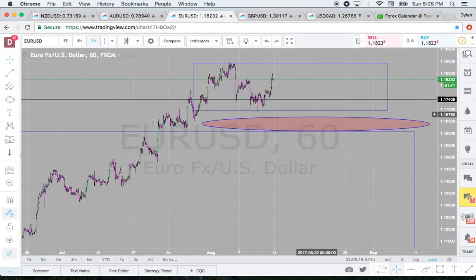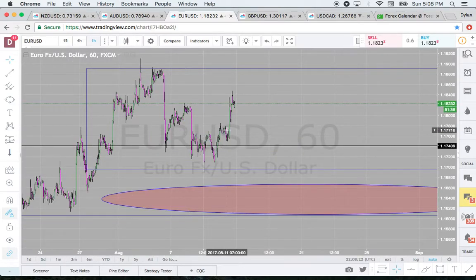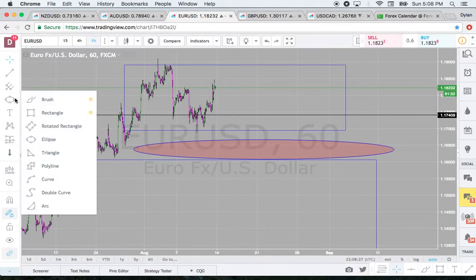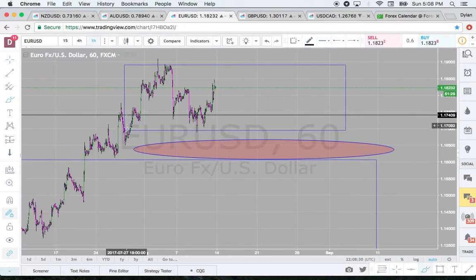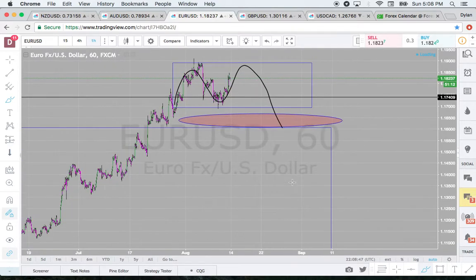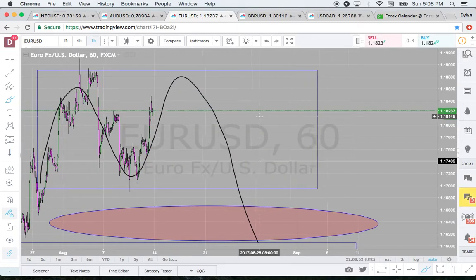Let's look at the 1-hour. We could definitely see this consolidation continuing in this zone, and then a breakout of the zone to the low to get retail traders, induce them short, and get them to think that the trend is reversing, and commit their funds short.